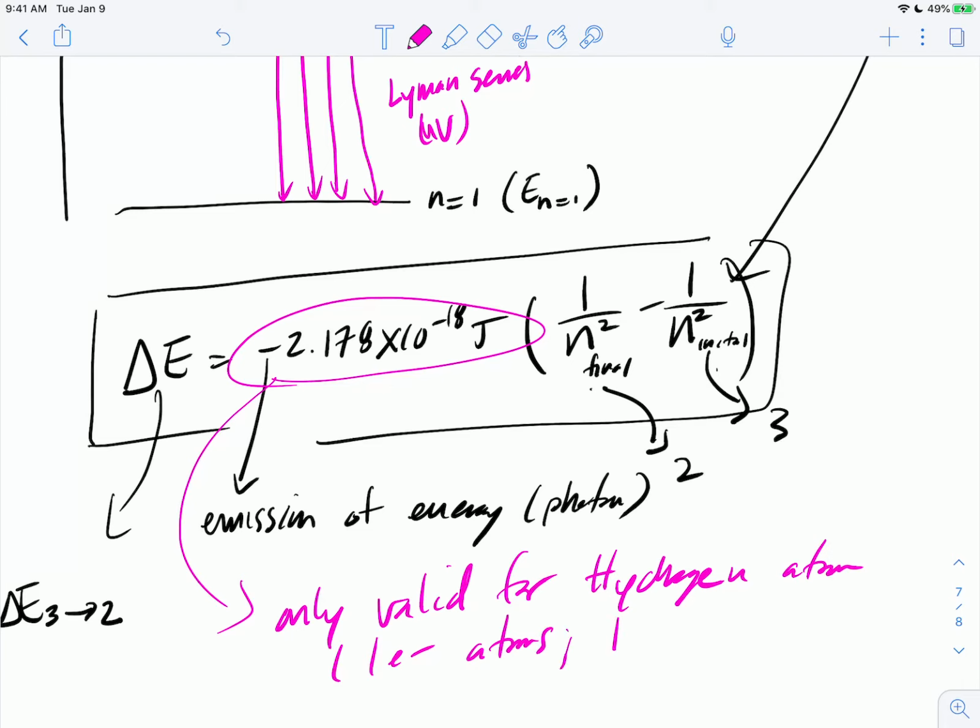So helium has 2 protons, but if you get rid of an electron, then that would work. Lithium has 3 protons, get rid of 2 electrons, then it becomes a one-electron system. So this only works for one-electron systems, hydrogen being the most popular, but you can create some others. So this is only true for those. Two electrons have repulsion, it becomes a lot more difficult.